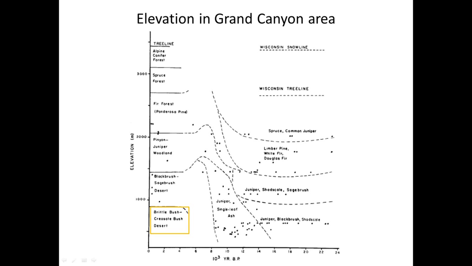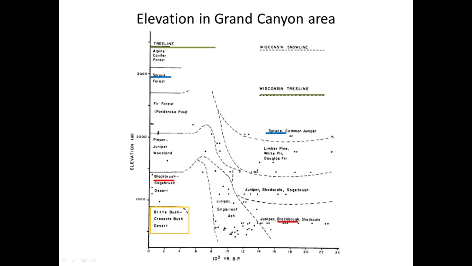Also, blackbrush changed in terms of where they grew. So blackbrush and junipers moved up in elevation. So did spruce trees. Spruce trees were found 20,000 years ago around 2,000 meters in elevation, and now you find them at 3,000 meters in elevation. So they've actually retreated to higher elevations.